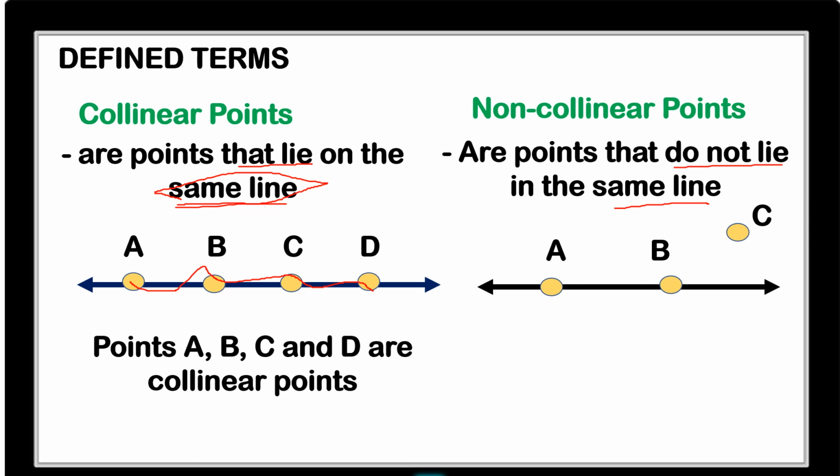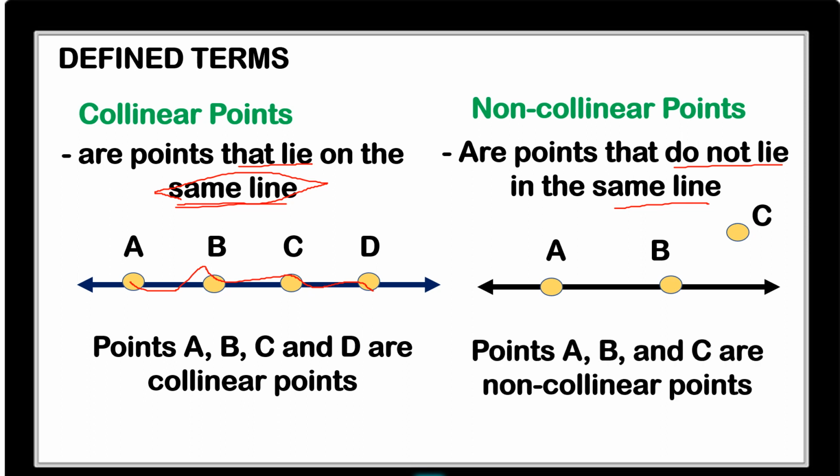Pag ganun ang nangyari, ang tawag po natin sa kanila is non-collinear points. And therefore, points A, B, and C are non-collinear points in the sense that not all points are within the line, or merong isang point na humiwalay doon sa kanyang linya. Ganun lamang po mag-determine.